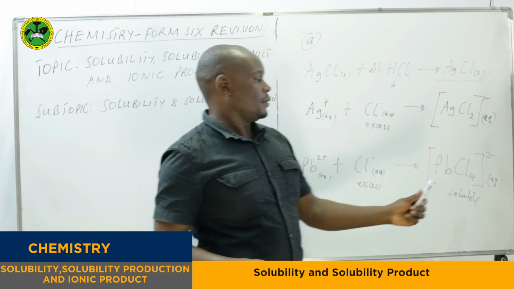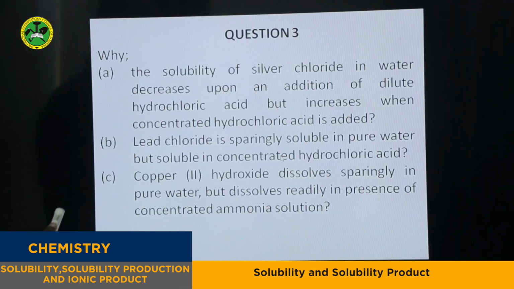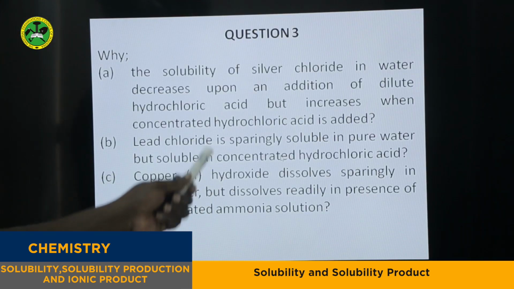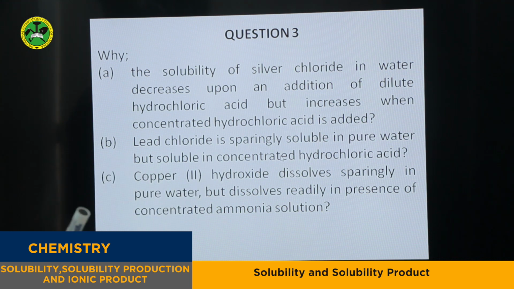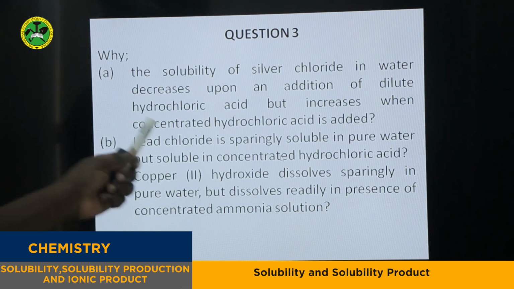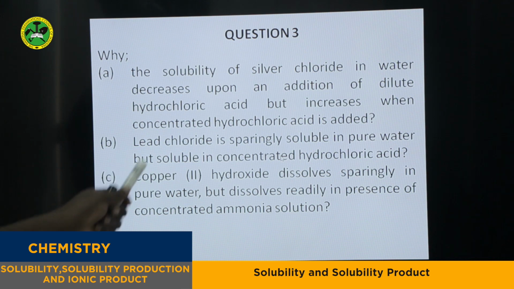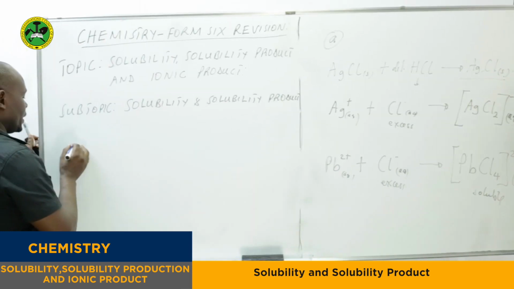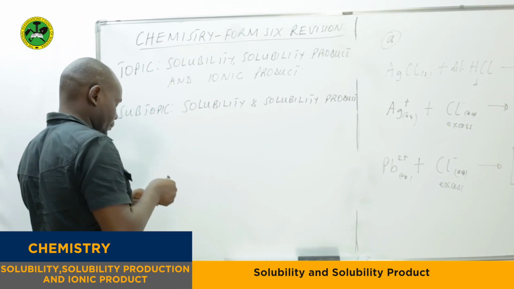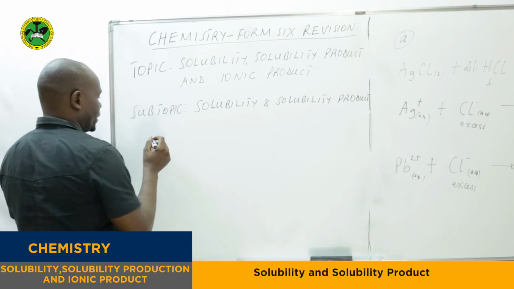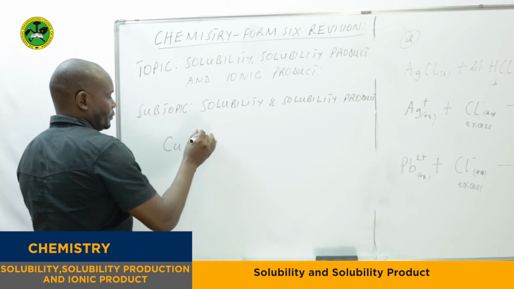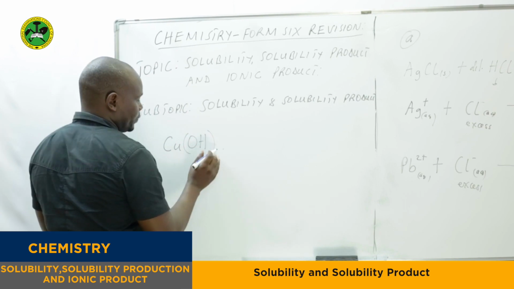And the third part of our question is that copper(II) hydroxide dissolves sparingly in pure water, but it dissolves readily in the presence of concentrated ammonia solution. So what it means here is that copper hydroxide is this one. This is copper hydroxide.